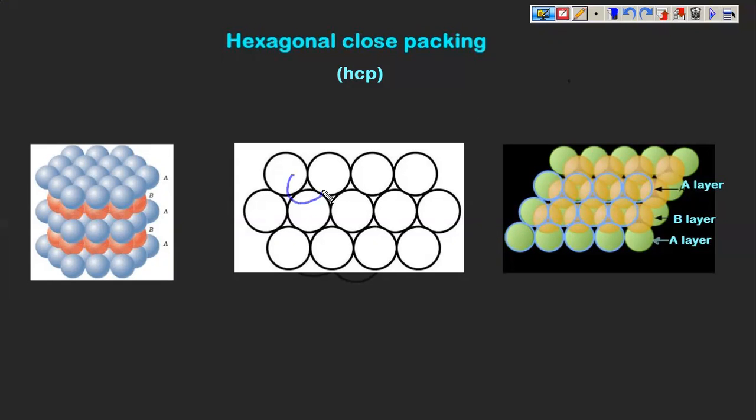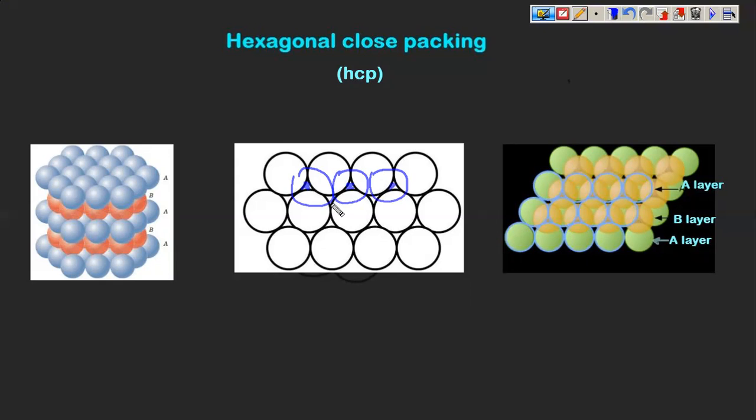One particle, another particle, then another particle. See, I'm covering these voids completely.